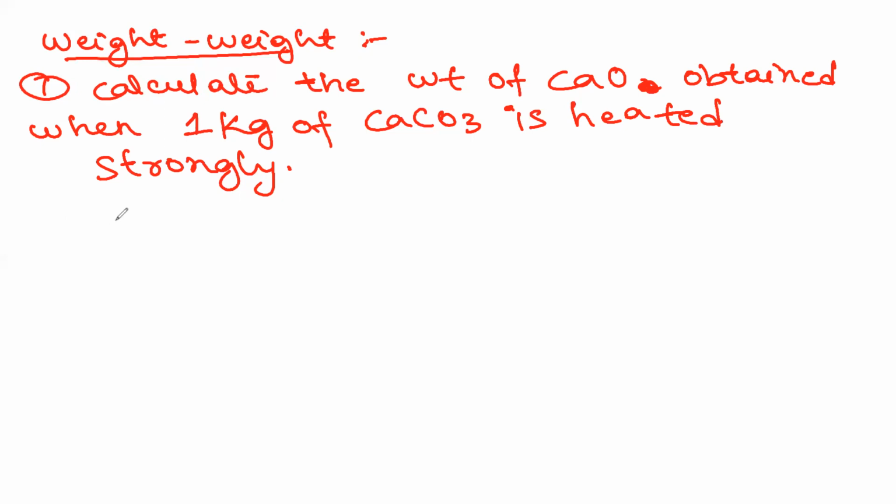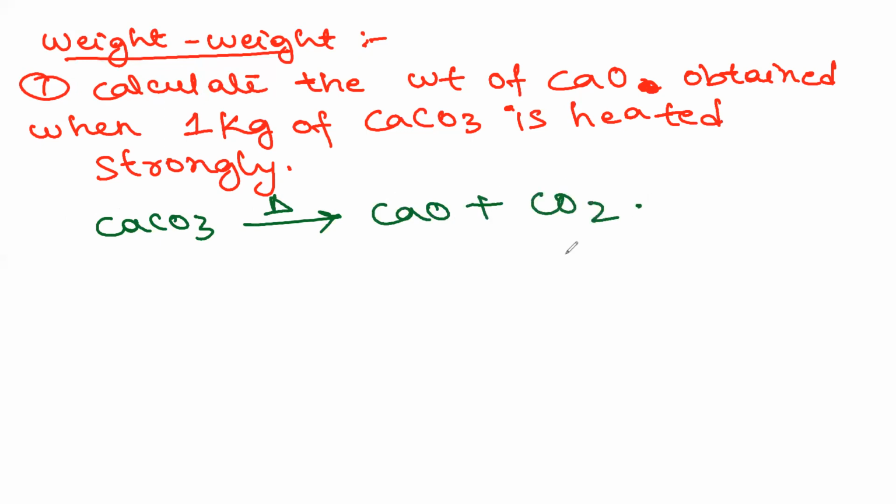Calcium carbonate, CaCO3, on heating forms CaO plus CO2. This is the actual equation. Now we have to check whether it is balanced or not. It is already balanced. So for this type of numericals, if they have not given the equation, we have to first write the balanced stoichiometric chemical equation.